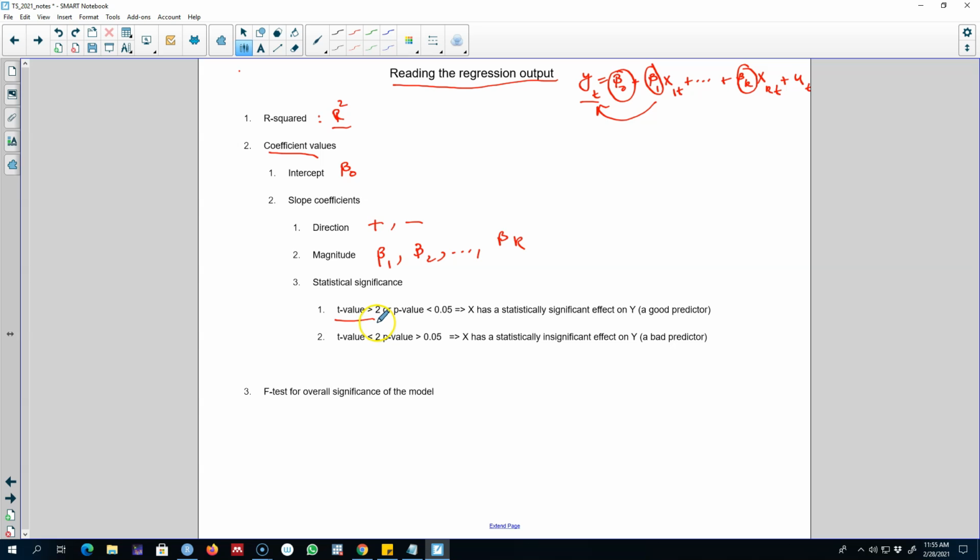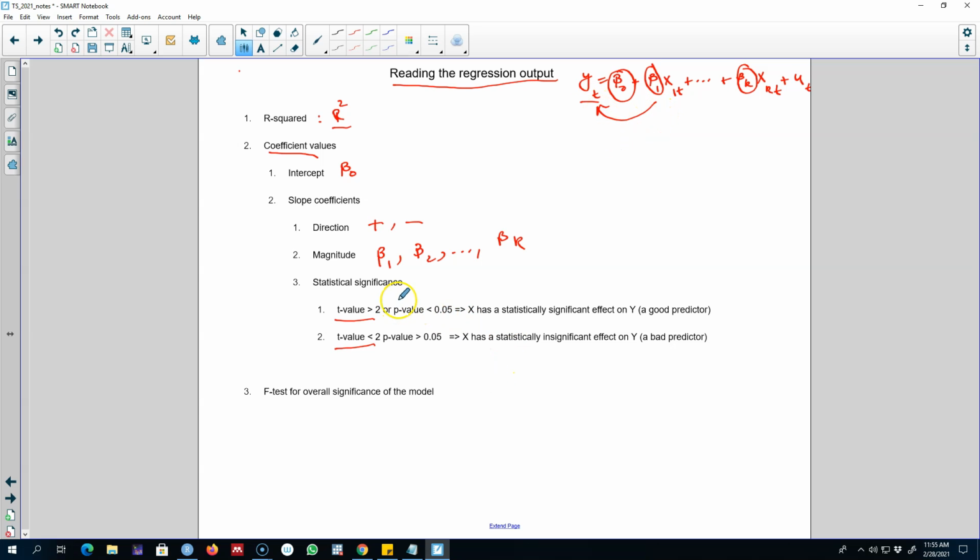If the t-value is greater than 2, you can conclude that x is a statistically significant determinant of yt, that x is a good predictor. On the other hand, if the t-value is less than 2, you can conclude that x has a statistically insignificant impact on y, and it is probably not a good predictor of y.